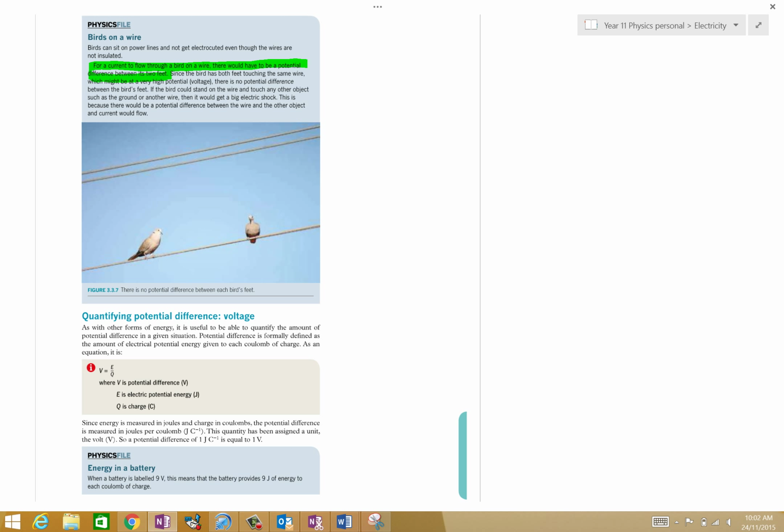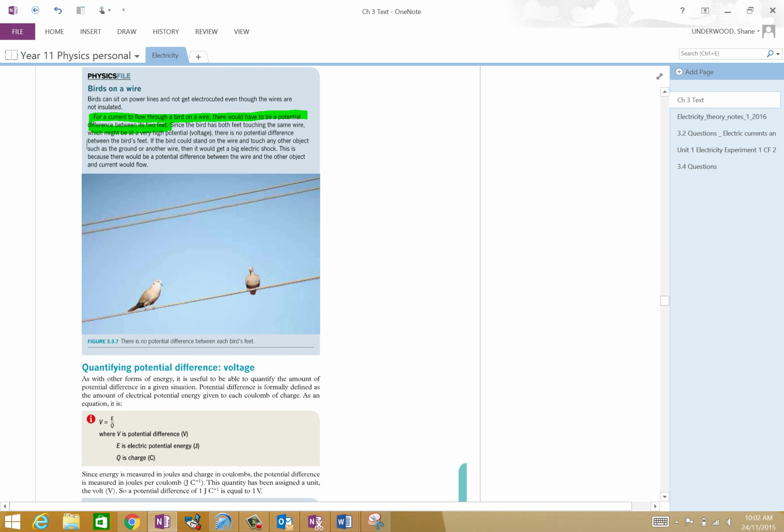But we can actually quantify voltage. We'll be told that we have a volt. But what does a volt actually mean? A volt actually means 1 joule of energy per coulomb of charge. So in other words, 1 volt is the same as 1 joule per coulomb of charge.